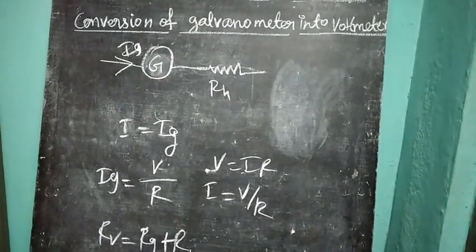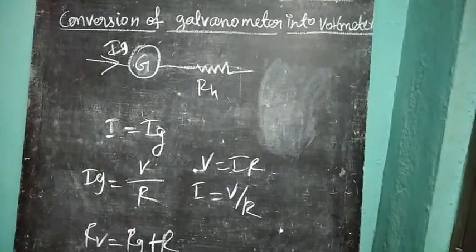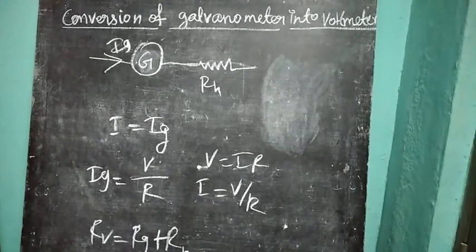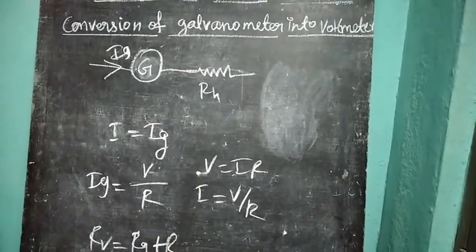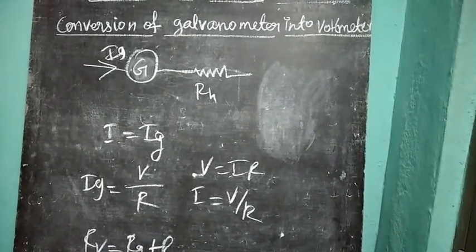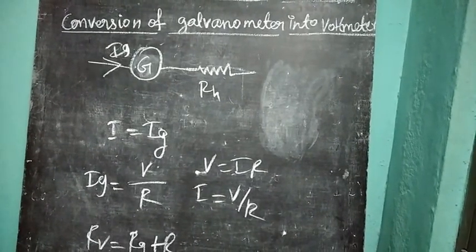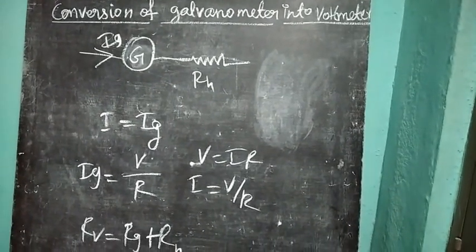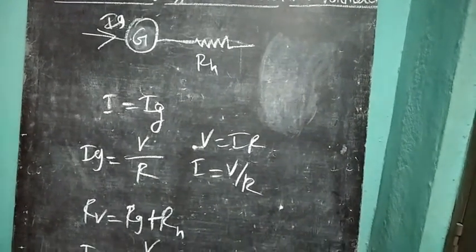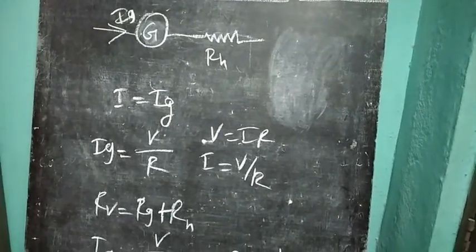By Ohm's law, V equals IR, so I equals V by R. So Ig equals V by R: the current in the galvanometer equals the potential difference divided by the total resistance. The galvanometer and high resistance are in series, so that Rv equals Rg plus Rh, where Rg stands for the galvanometer resistance and Rh stands for the high resistance.